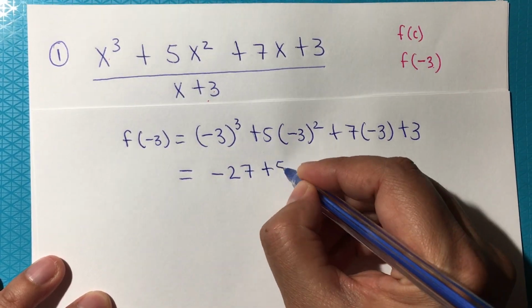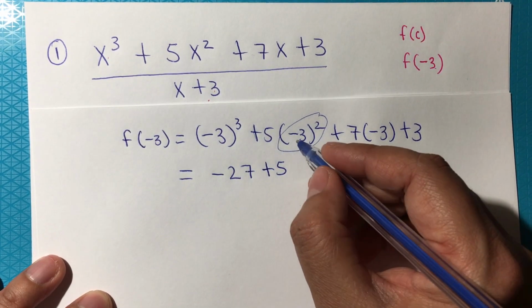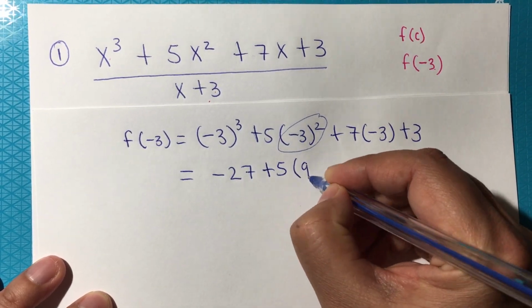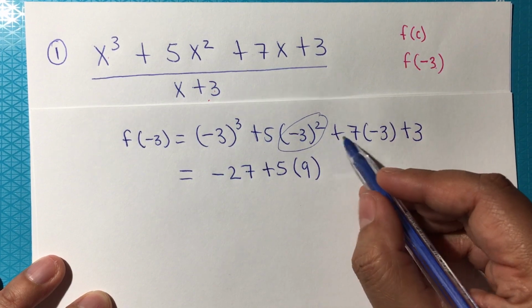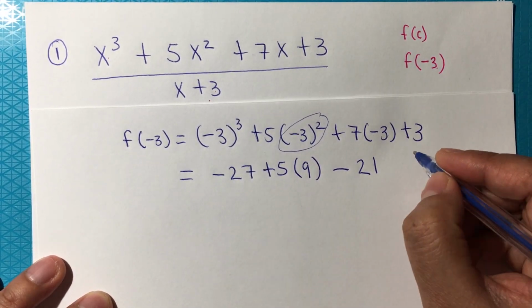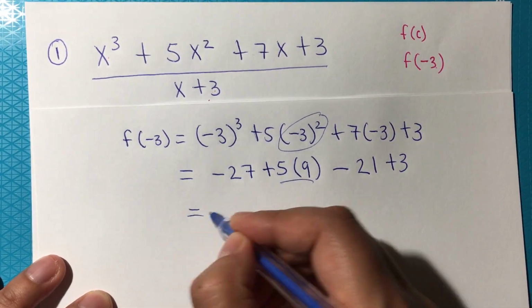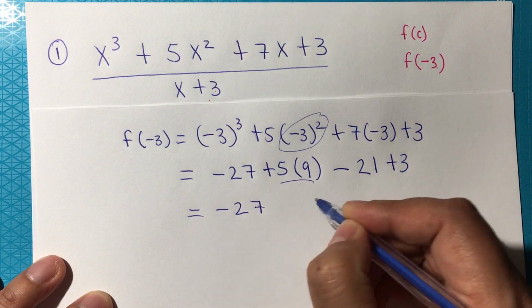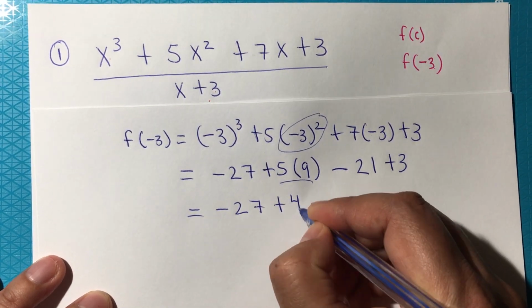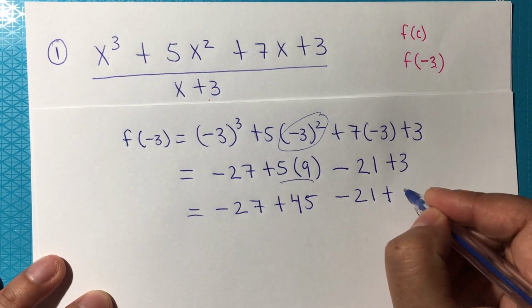For this one, we just bring down the 5 because we have to do the exponent first. And negative 3 times negative 3 is positive 9. In here, positive times negative is negative. 7 times 3 is 21 plus 3. We multiply this and just bring the rest down. 5 times 9 is 45. And bring down negative 21 plus 3.